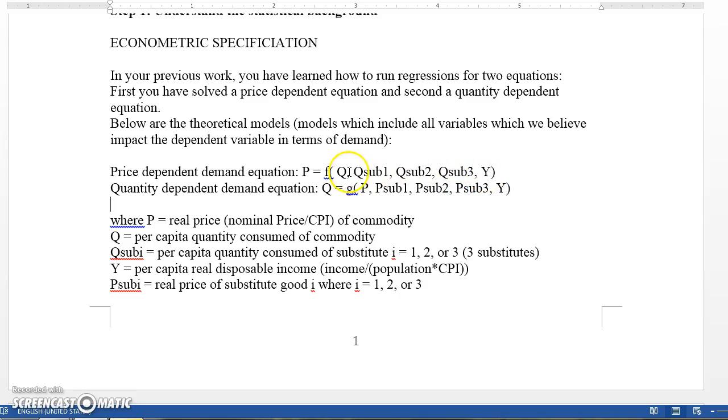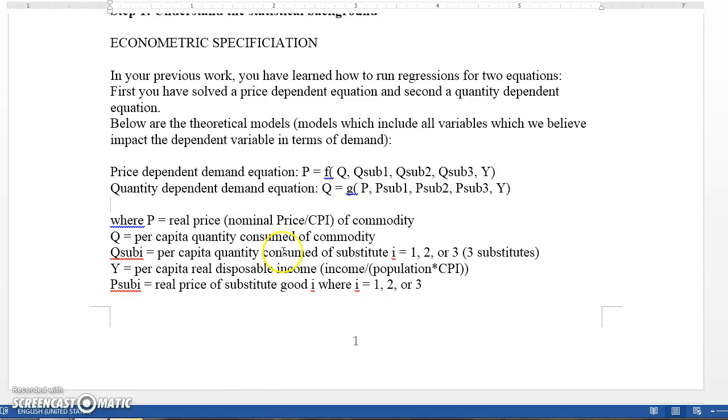Those variables we call explanatory variables. We also call them independent variables. And the P is our dependent variable, which is on our left-hand side. It is just the y variable. So that's our price-dependent demand equation.